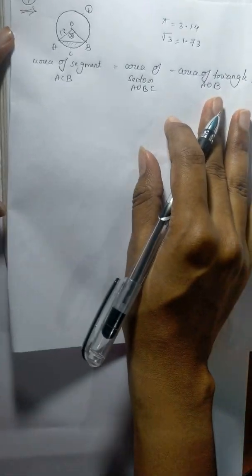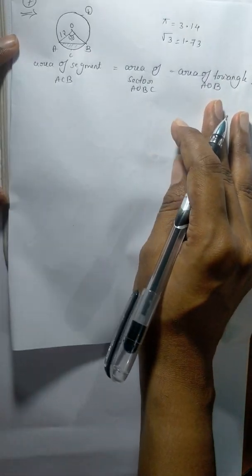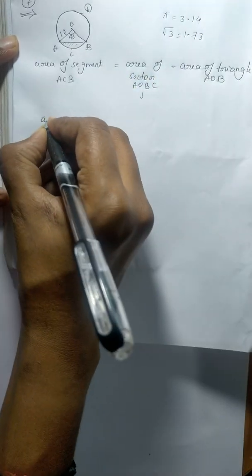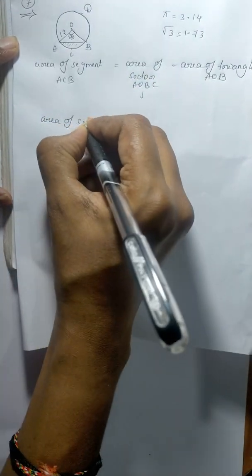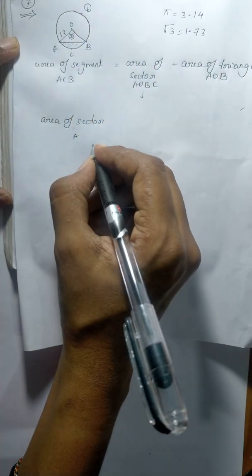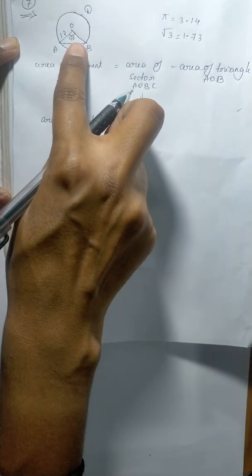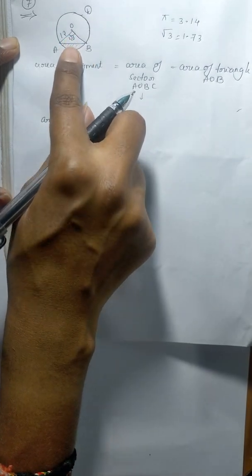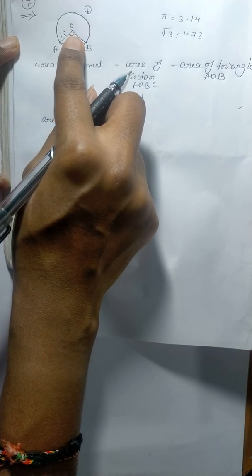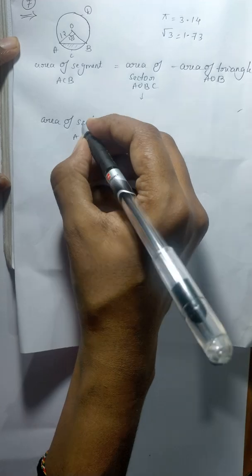So first we will calculate area of the sector. Why separately I am solving, because area of the triangle is not half into base into height, because it is not 90 degree angle, we don't know the height and base also. Then it is not 60 degree angle, to use the formula square root of 3 by 4 side square. So separately we will calculate for that.